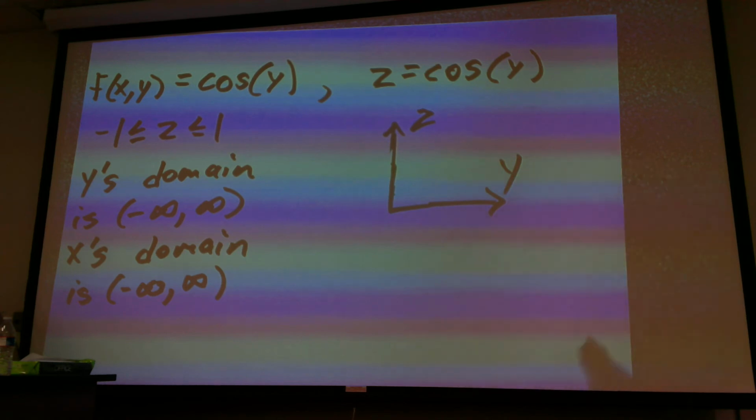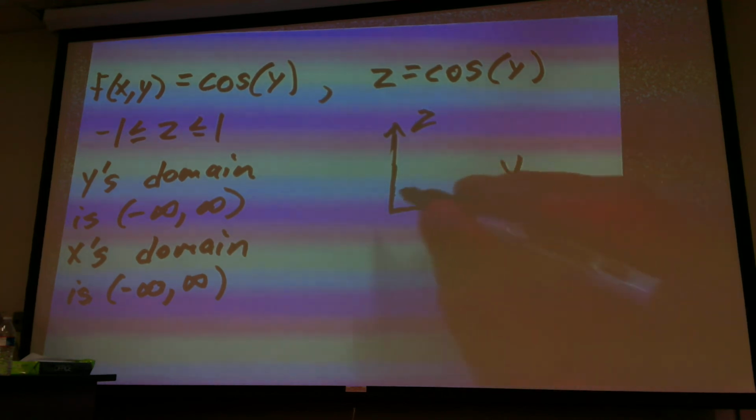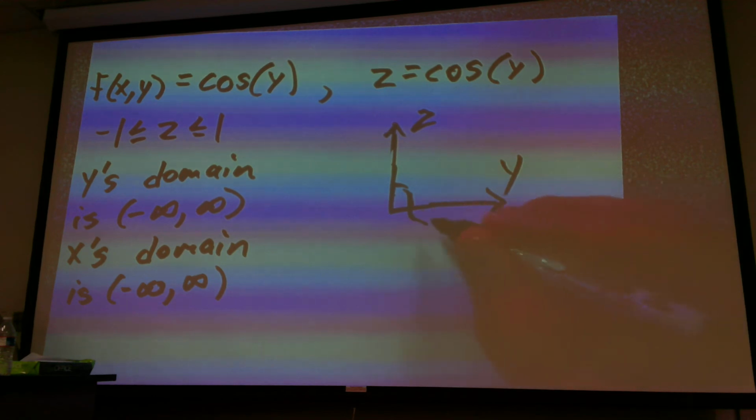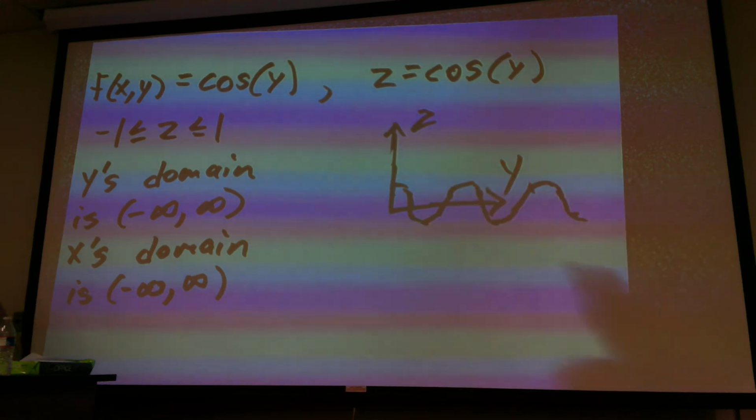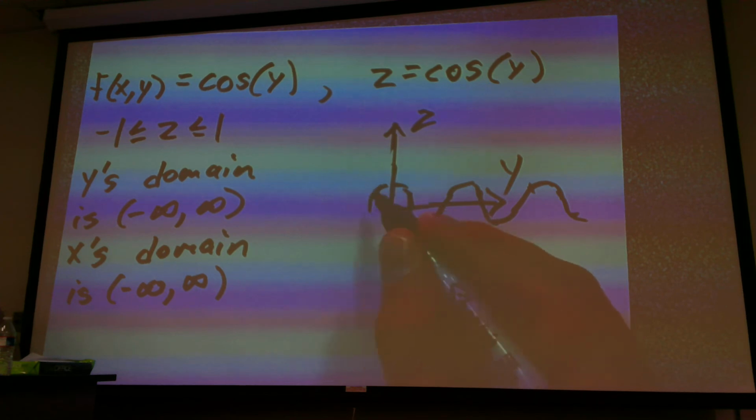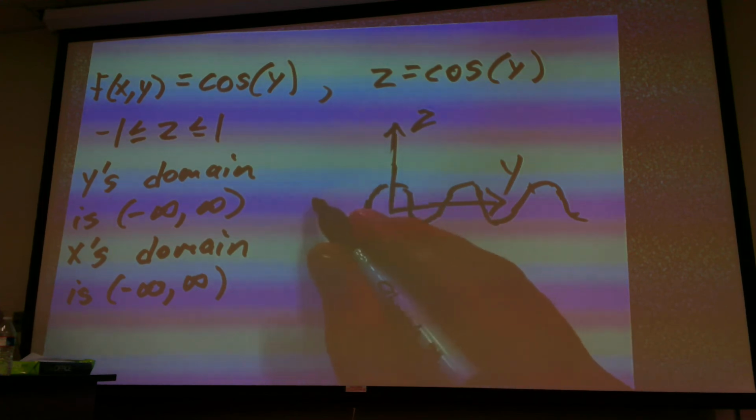And this is y. What do I get? Well, cosine of 0 would be 1. Stand back this way as well.